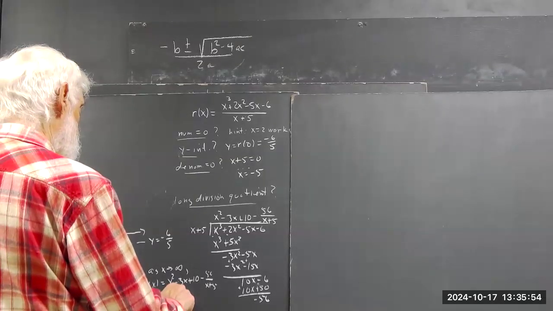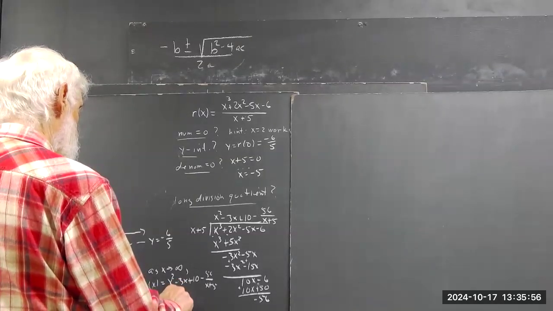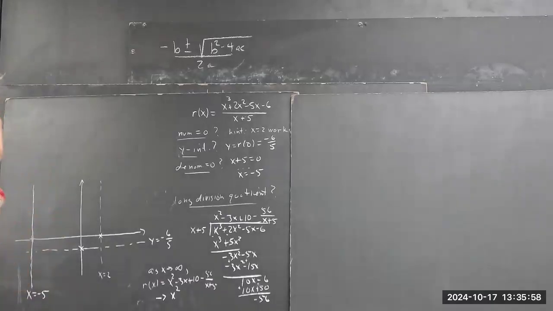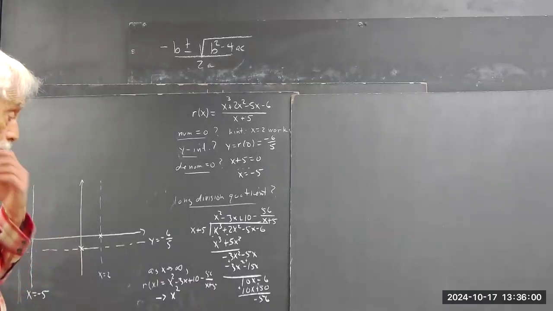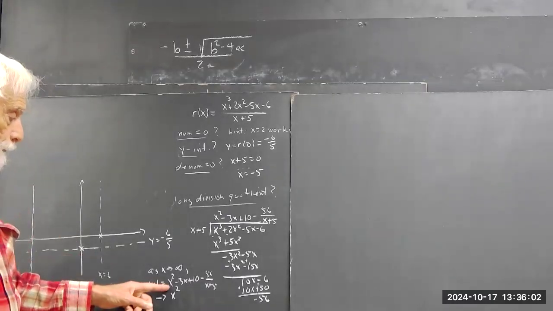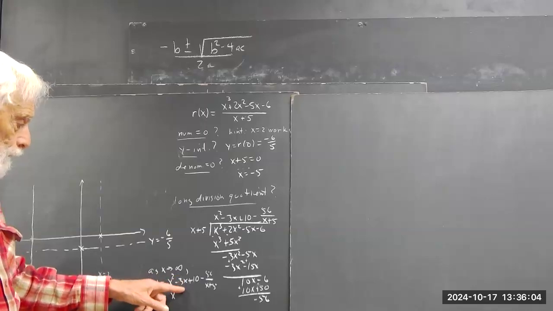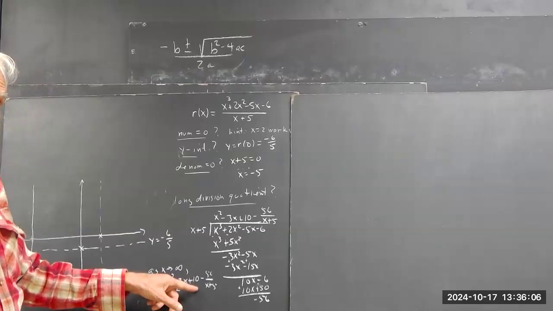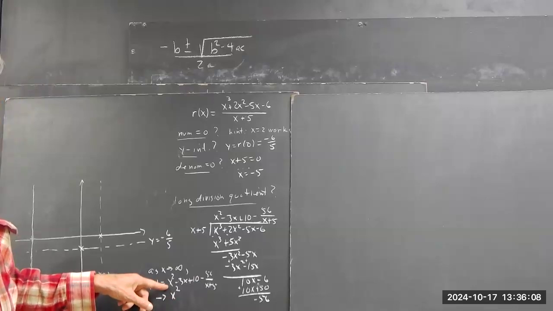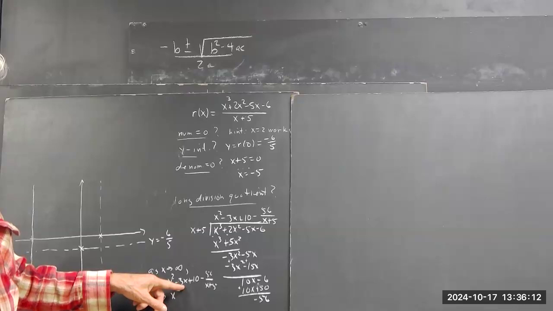x squared. Now, OpenMath gave you plenty of discussion about how x squared is going to be much bigger than 3x or 10. If x is 1,000, x squared is 1,000,000. Negative 3x is only negative 3,000.